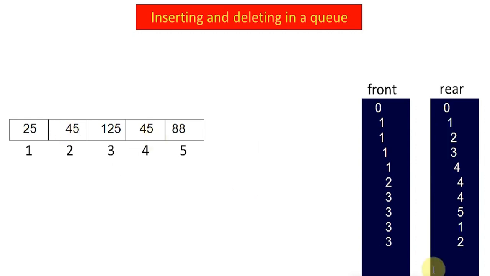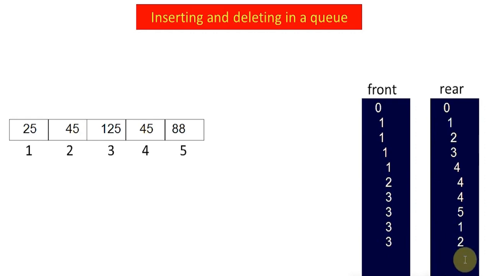Now, a very important point. The value of front is equal to rear plus 1. Listen carefully. The value of front is 3, the value of rear is 2. So the value of front is equal to rear plus 1. Now note it down.